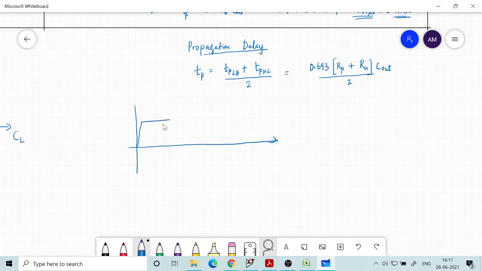This is the input, V_in. Similarly we can find out the output.